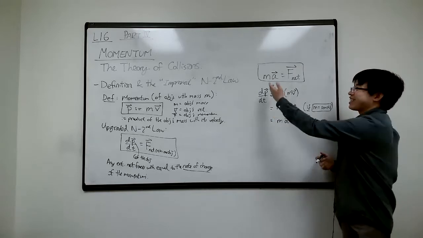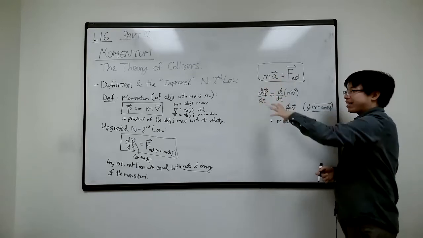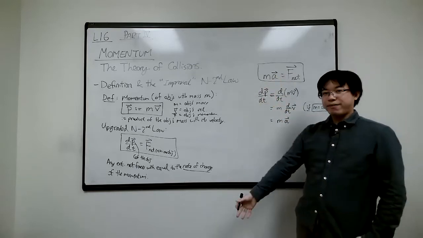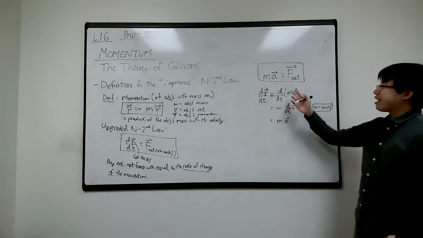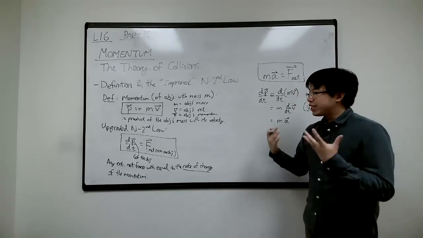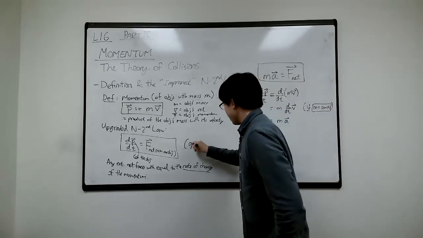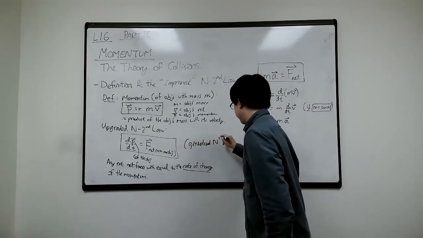If you do start losing mass throughout that process, then you have a more complicated relationship. You will find yourself accelerating faster, or with the same amount of force, you will sort of go faster because you have a change in mass as well, right? So we now have a more general version. You can call it generalized Newton's second law.